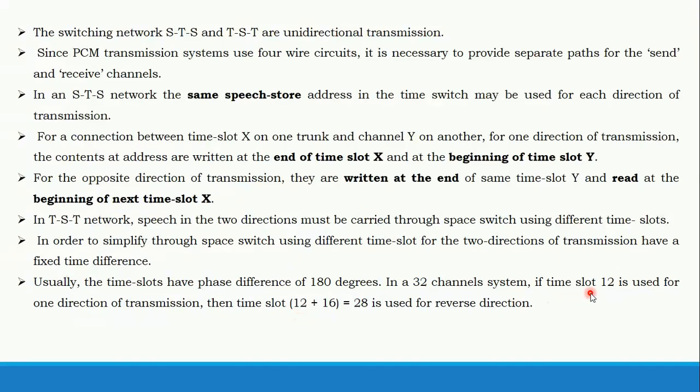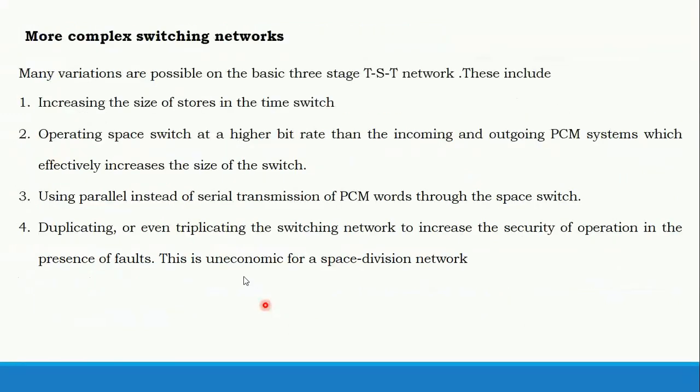Let us assume that you have the first time slot 12 in one direction. In the reverse direction, signaling will be added, that is 12 plus 16 is equal to 28 in the reverse direction. If you are in the same telephone exchange, there is no need to add signaling and no need to have frame alignment also, but this is needed whenever you want to extend the switching exchange.